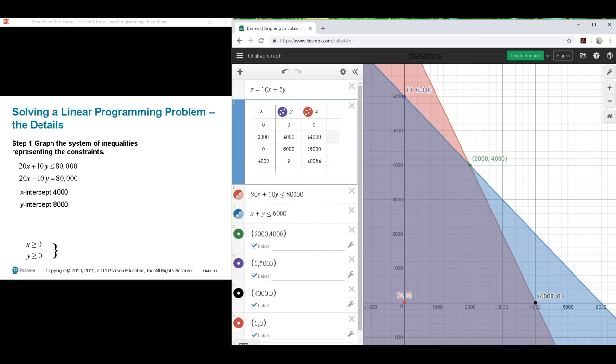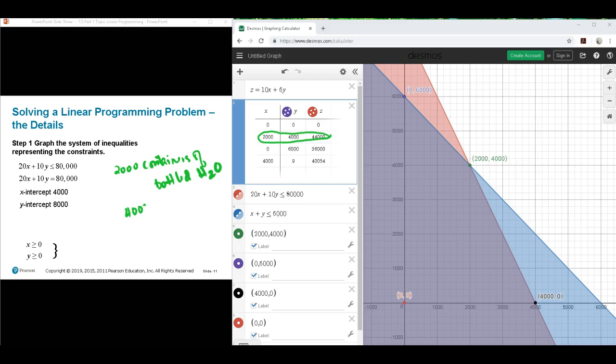And you can check these values with your calculator. So based on this table, we can see the maximum. So our answer is 2,000 containers of water and 4,000 medical kits will give us the maximum number of people helped, which is 44,000. This is the maximum.